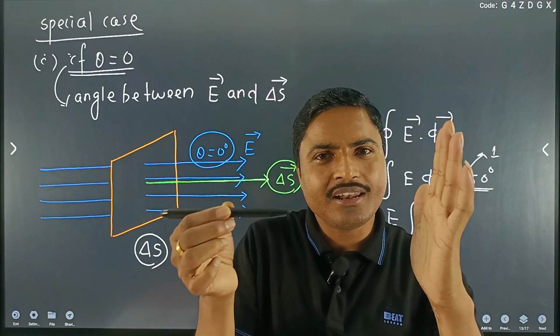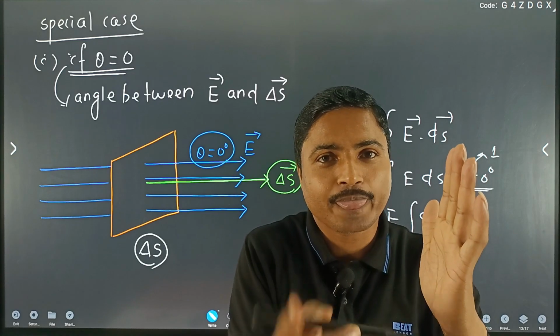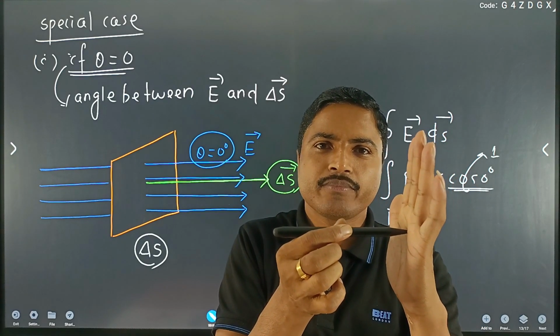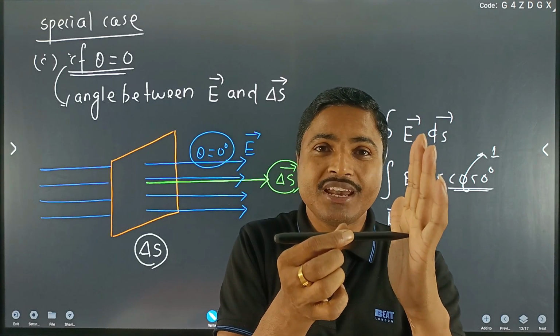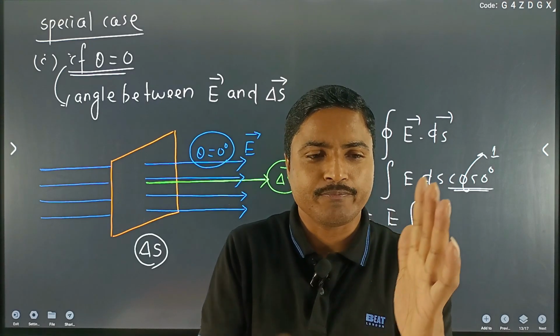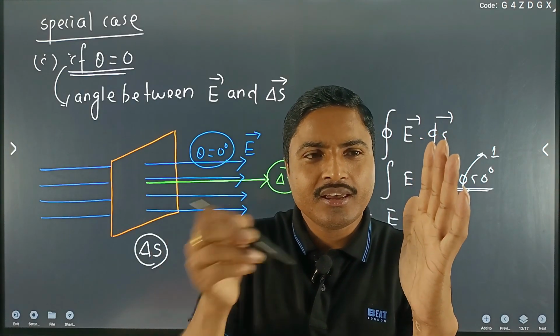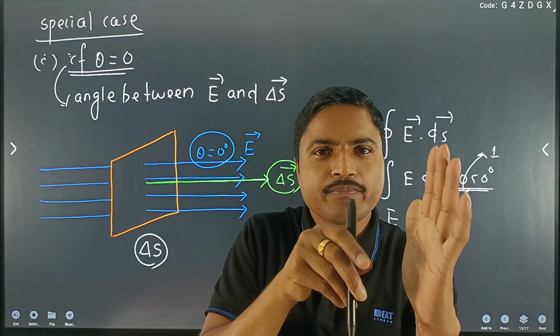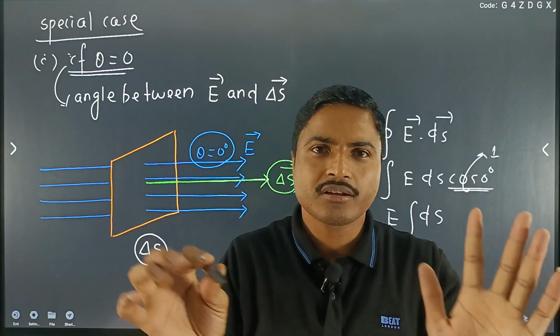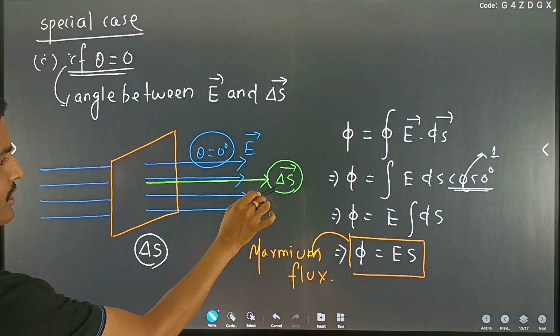Electric field is parallel to area vector, clear? Electric field is perpendicular to area. Area and area vector both are different. Electric field is perpendicular to area, but electric field is parallel to area vector. Clear? This one is the area vector.